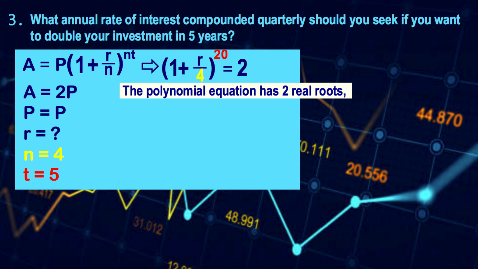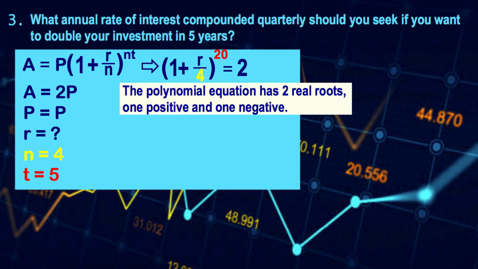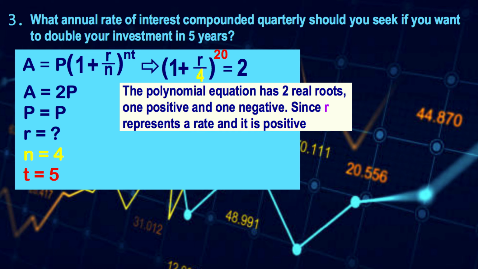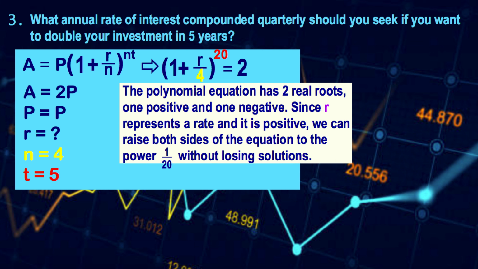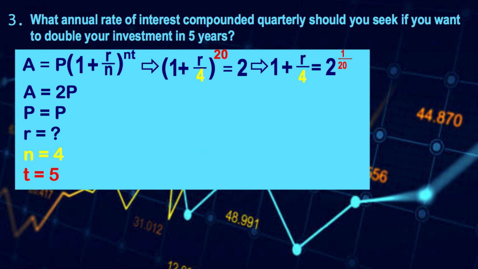Now, the polynomial equation has 2 real roots, one positive and one negative. Since R represents a rate and it is positive, we can raise both sides of the equation to the power 1 over 20 without losing any solutions. So let's go ahead and do that.